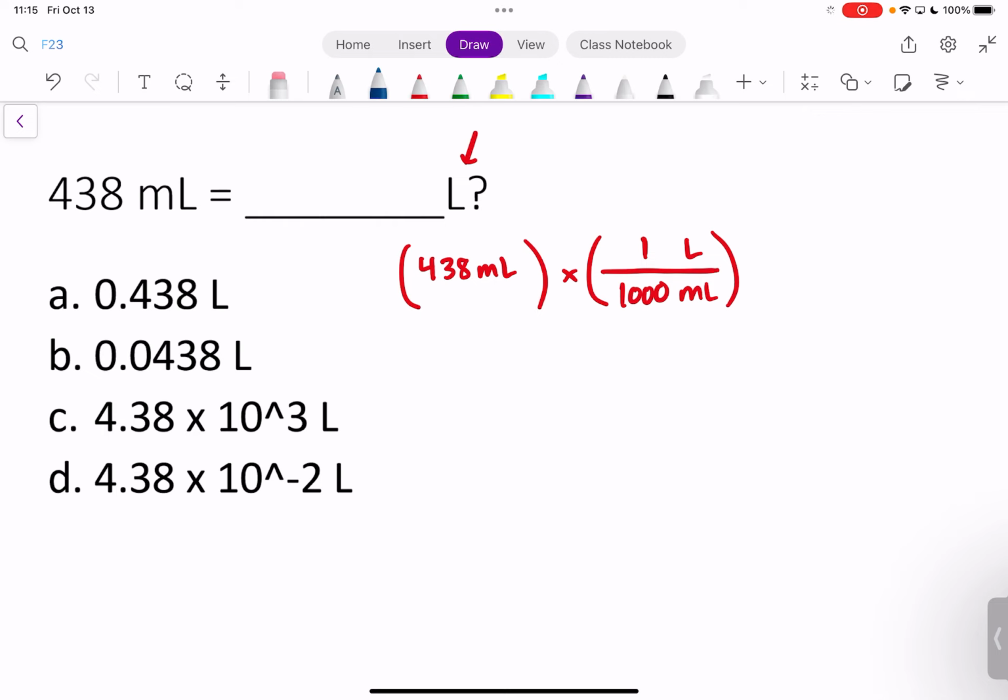And what's our final answer? 438 divided by 1,000, so we can go 1 and 2 and 3 over, and that'll give us 0.438 liters.